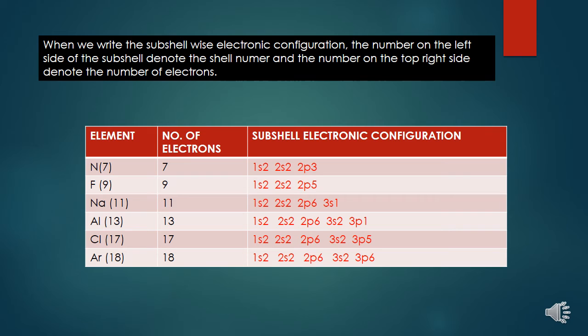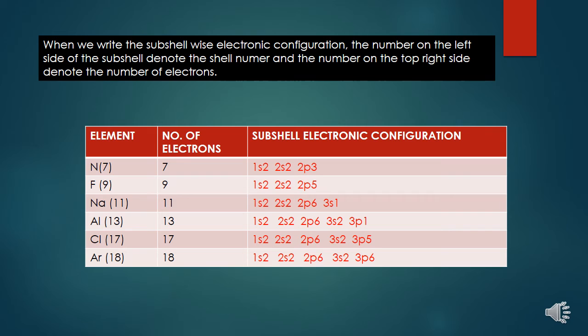This is because 4 electrons are already filled in 1s2 and 2s2. So the remaining 3 electrons are filled in the p orbital. The p orbital is not full, because it has the capacity to hold a maximum of 6 electrons. So it has vacancy to fill more electrons.